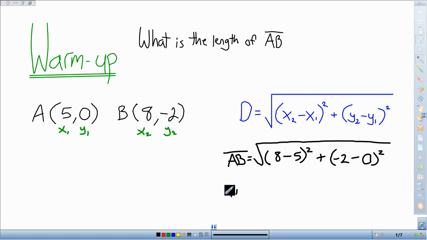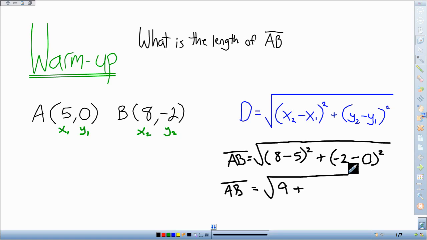Okay, so from here, let's do a little bit of math and see what we get underneath our radical sign. I like to do both of these steps in one. So 8 minus 5 is 3. 3 squared, 3 times 3, 9. Plus over here, negative 2 minus 0 is negative 2.